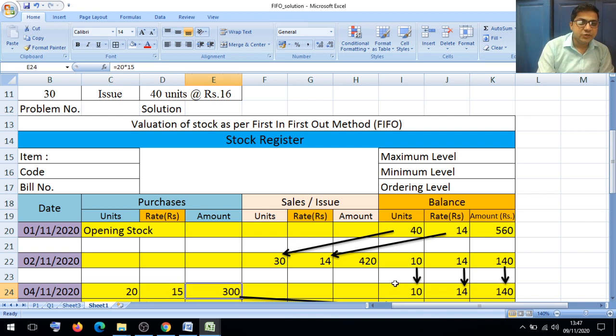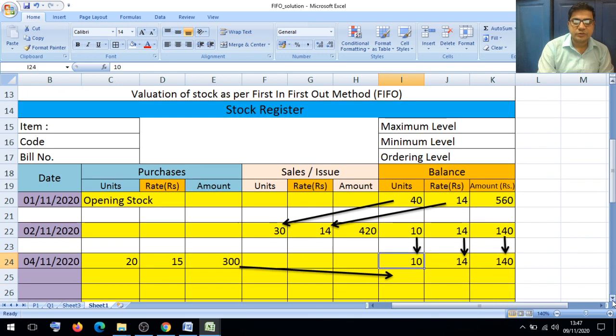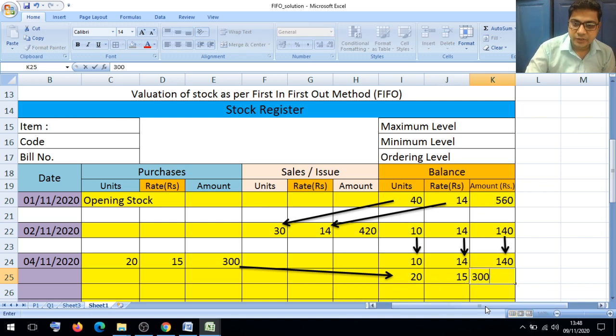Now friends, one thing you have to keep in mind: last day's balance we have to consider as it is, 10 into 14, 140. Previous day's units we have to carry forward to the next day, and the new purchase units we have to write in the next box, that is 20, rate is 15, so 20 into 15, 300.